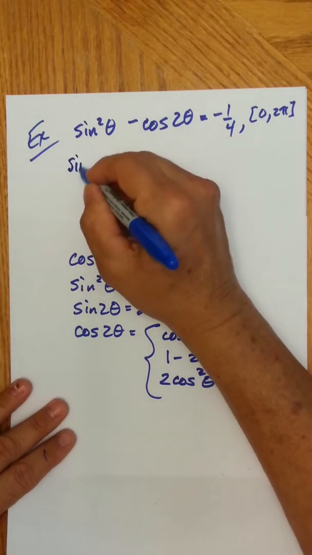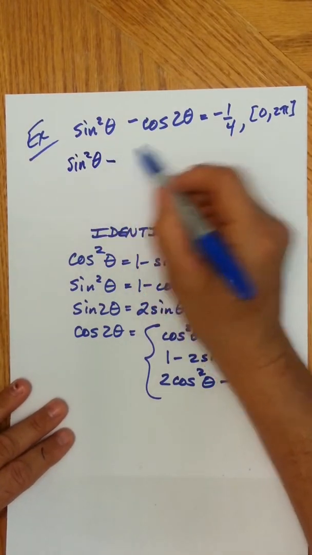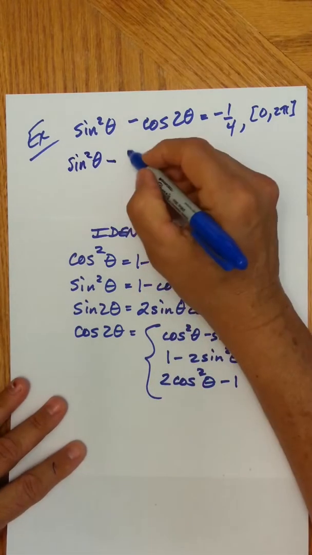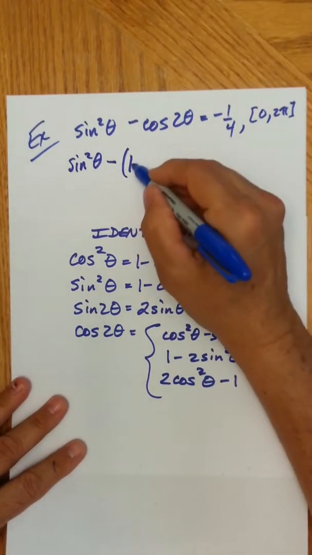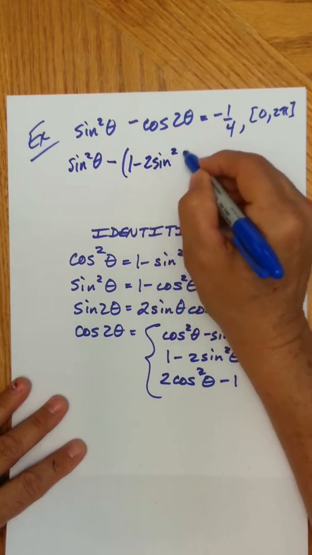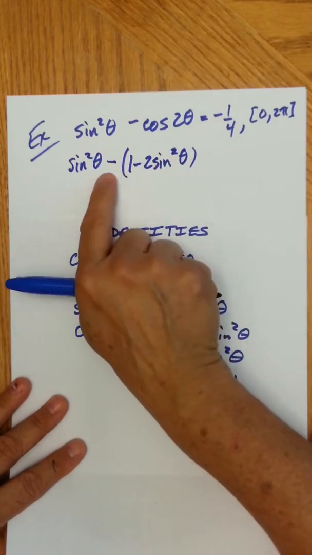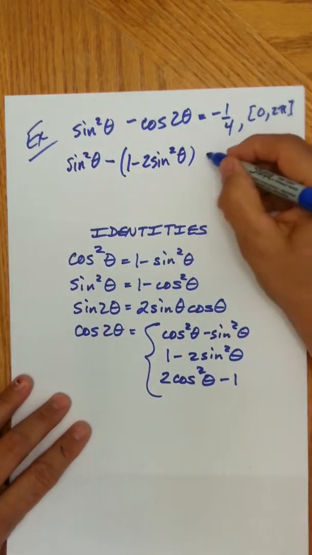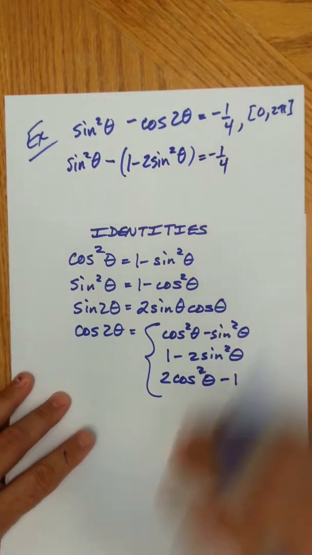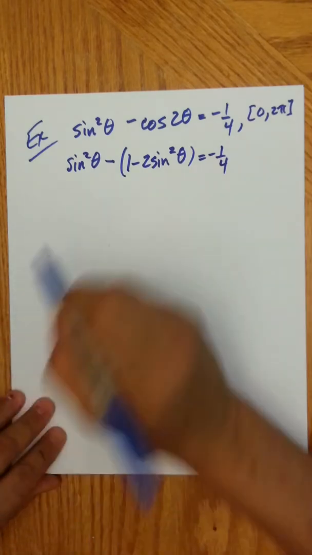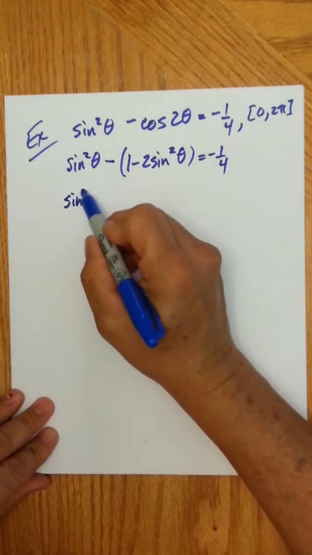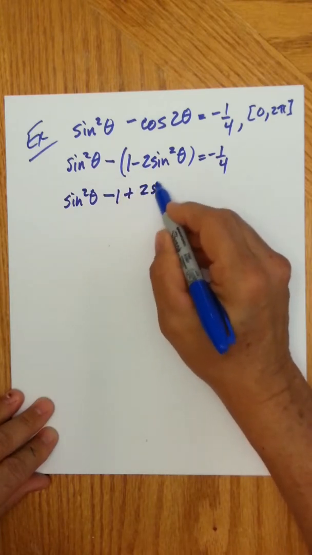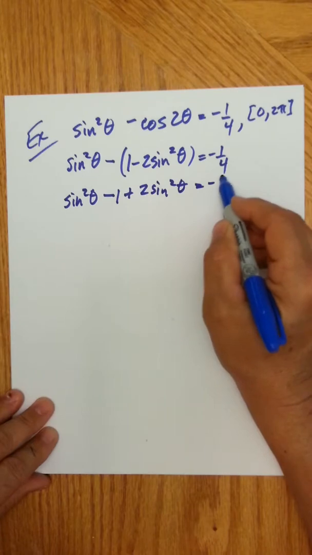So I'd say, okay, sine squared theta minus, now instead of writing cosine 2 theta, I'm going to write 1 minus 2 sine squared. And now I'm going to put parentheses. The reason being, if you forget to put parentheses, you'll forget to distribute the negative sign. So just be careful about that. Now we continue solving. Here we get sine squared theta minus 1 plus 2 sine squared theta equals -1/4.